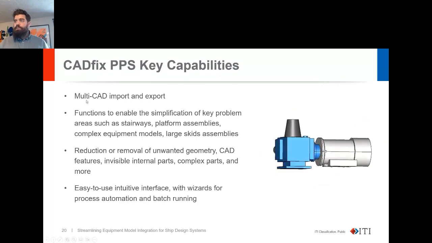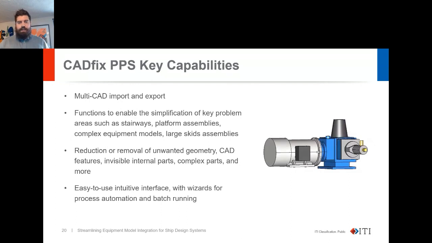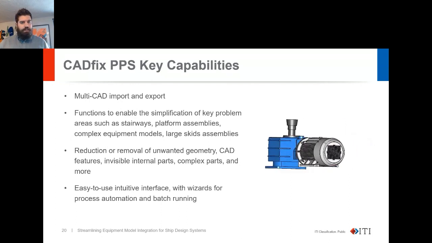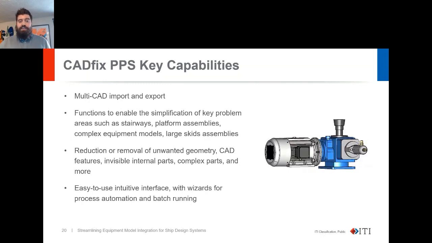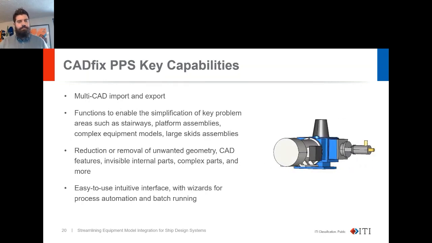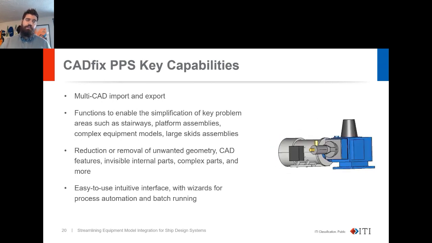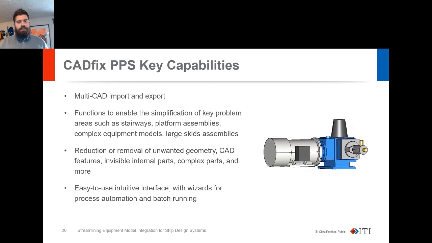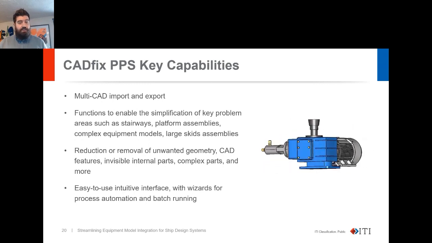So some areas that have been pointed out to us, stairways, platform assemblies, they can take a long time to rework or simplify and actually have huge amounts of data within them as well. So all of this is achieved by doing the steps that we'd looked at previously in a really quick automated process that's easy to use.